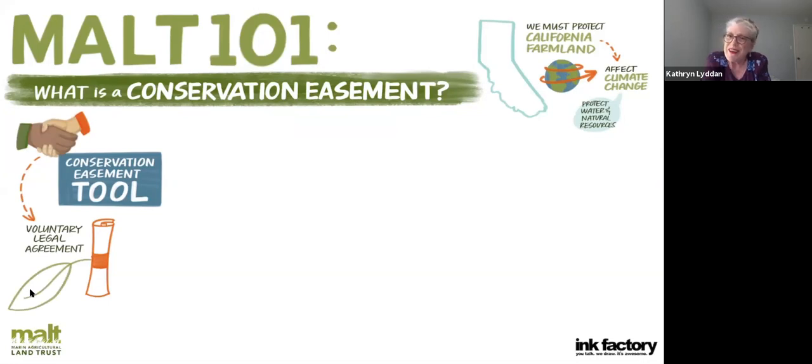MALT is a particularly exciting place to work as an agricultural conservationist because the tool was developed here. And because MALT has got a head start on everybody else, the organization holds conservation easements on half of the privately owned land in West Marin. So this is a very exciting, innovative, and kind of ahead of the curve organization to be working for.